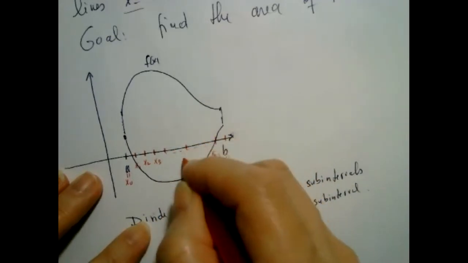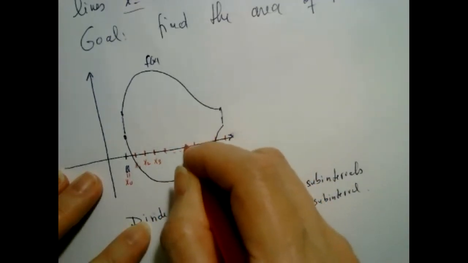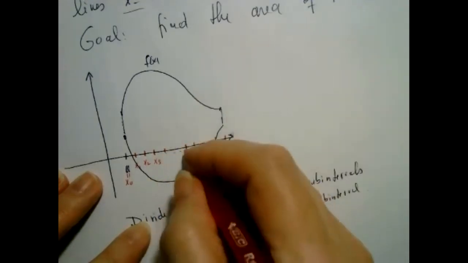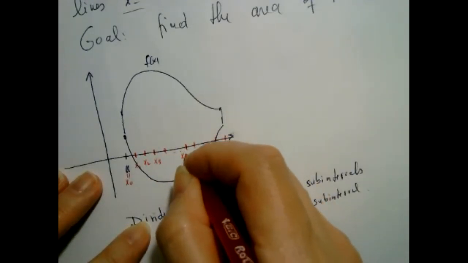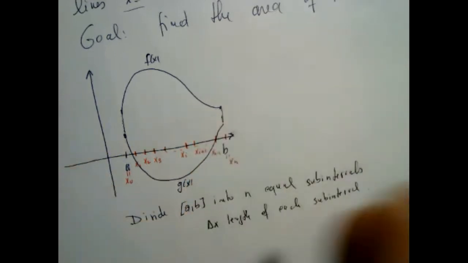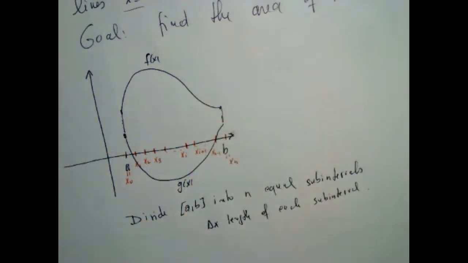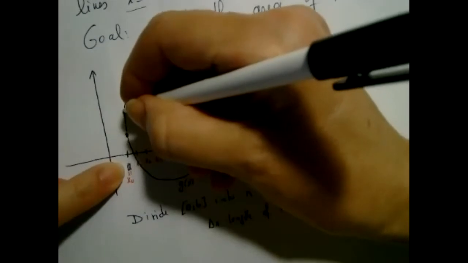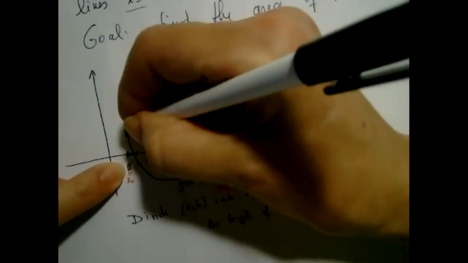In general, x3, x4, x5, I will call this xi, and I will call this xi plus 1, because I'm not going to really cut all of them. And the idea is like before. I'm going to cover this with a rectangle. So that's my rectangle. Delta x is the width.